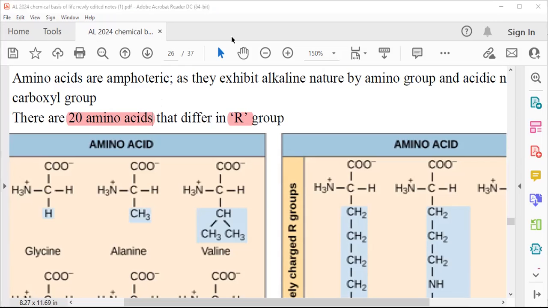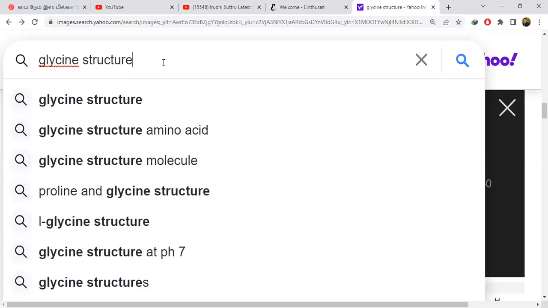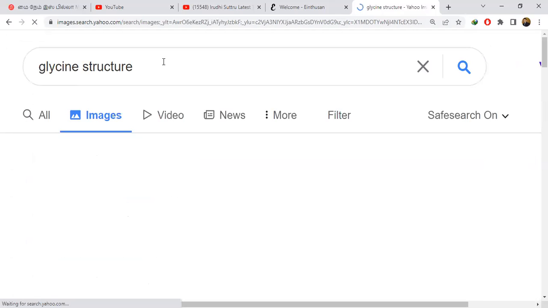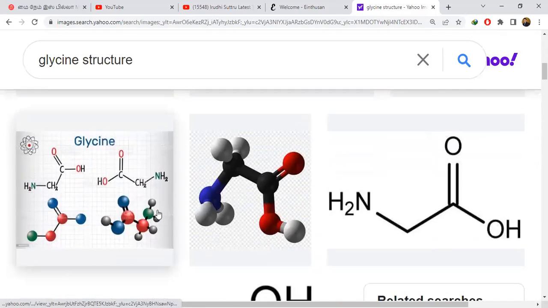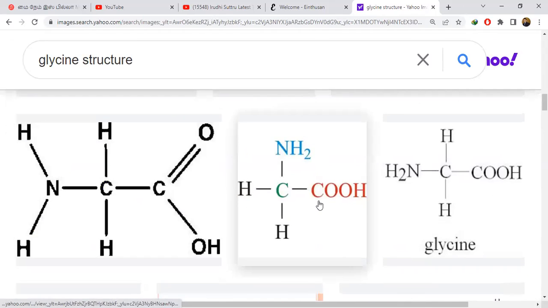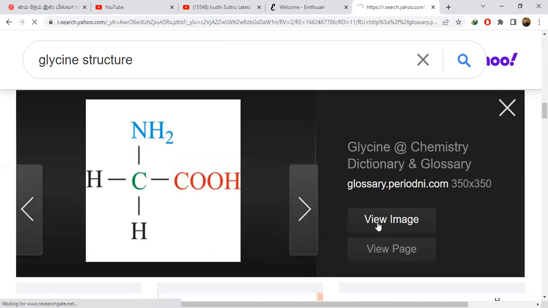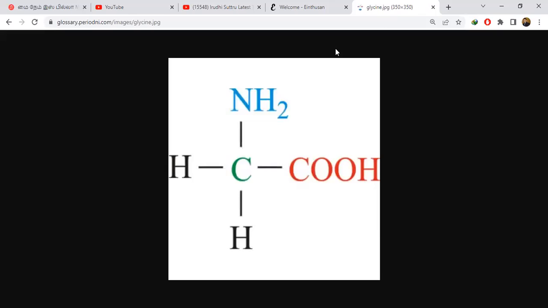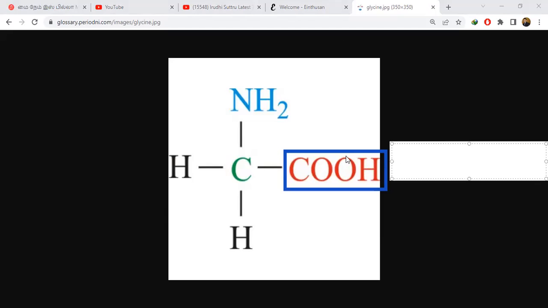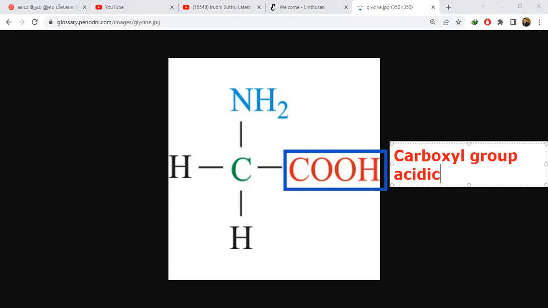Let me come back to this. If you take glycine or any amino acid, never mind. I'm taking this diagram once again. What is this group? Carboxyl group. Carboxyl group is an acidic group.